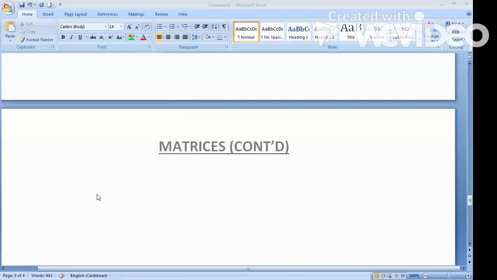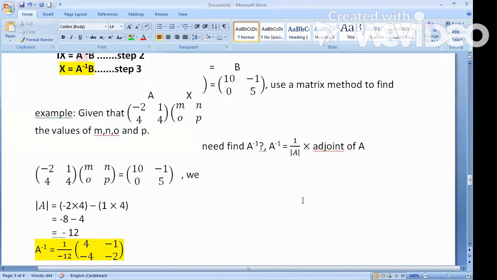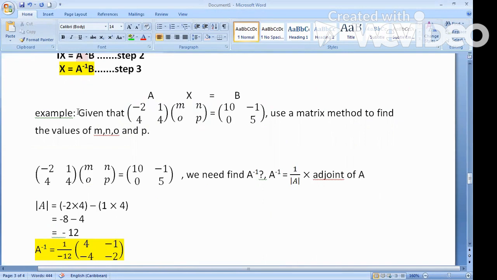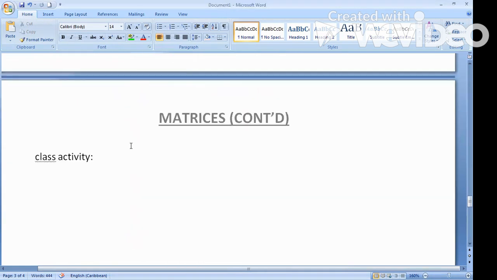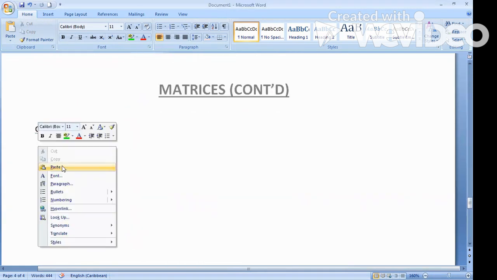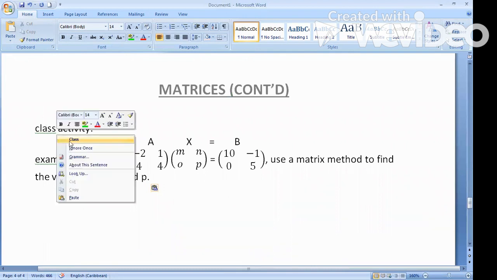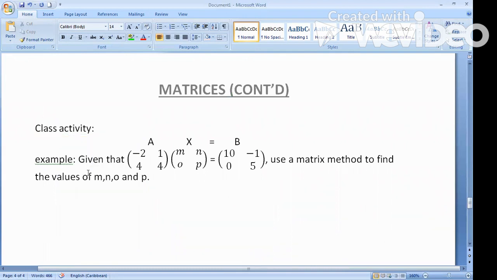Okay, let's try this one. Class activity. All right, I'm going to try to make this as easy for you as possible. Don't write anything as yet, class. I need to change up some numbers.